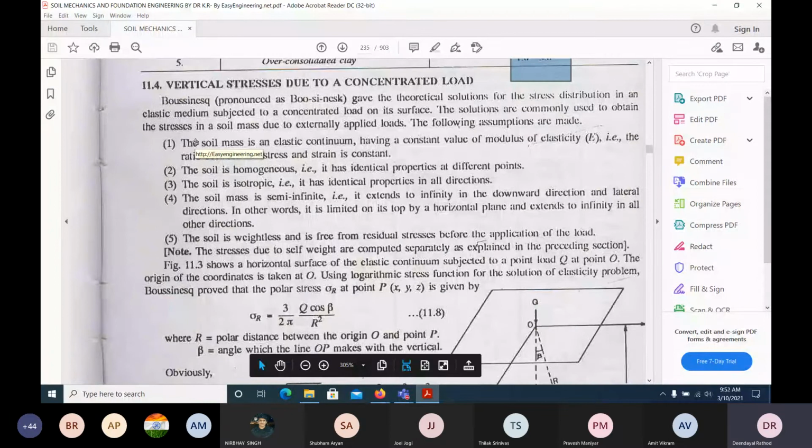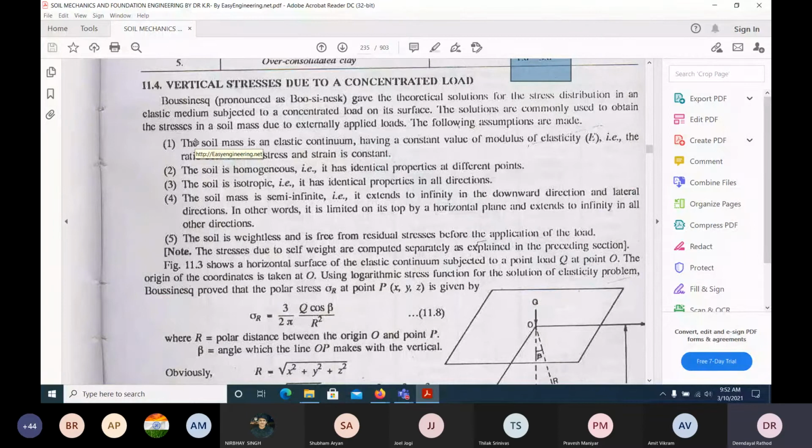Now there are theories. Hope you are following. Till now, in the 10th chapter we learned how to find out the vertical stresses. In the 11th chapter we are learning how to find out the horizontal stresses, plus how to find out vertical stresses if some load is applied.